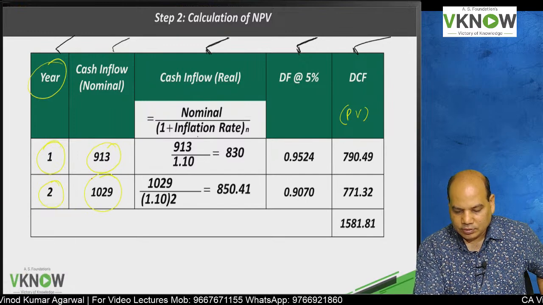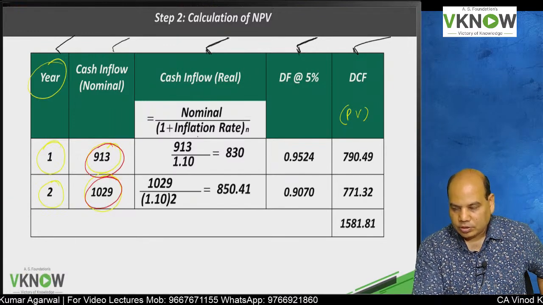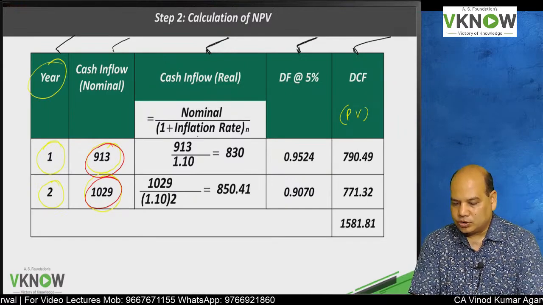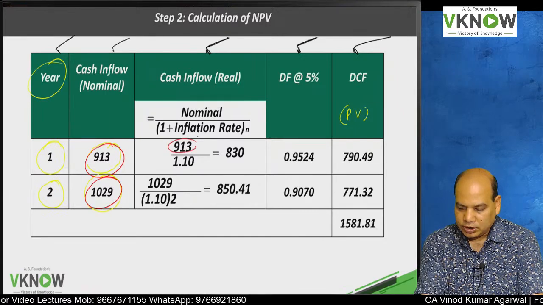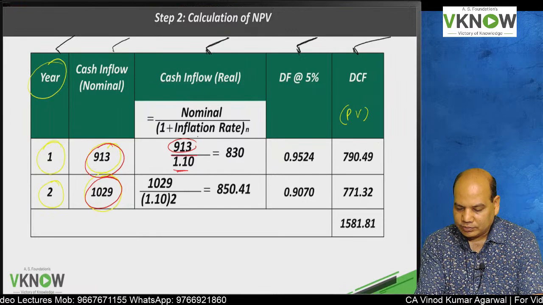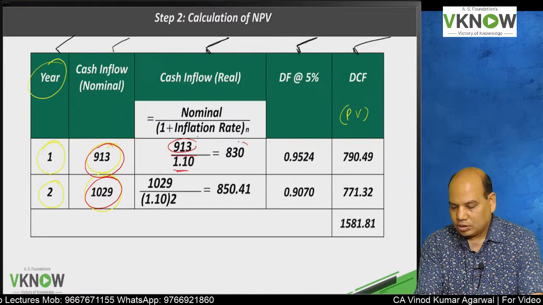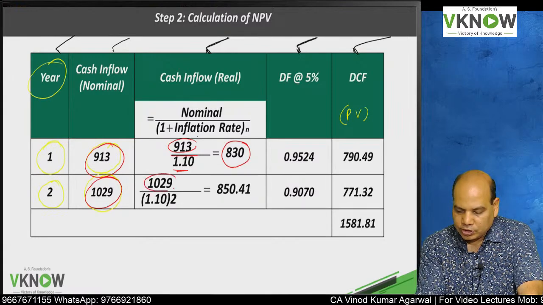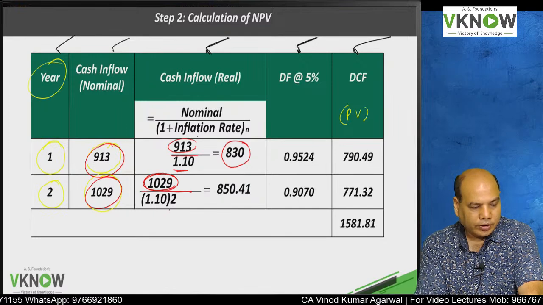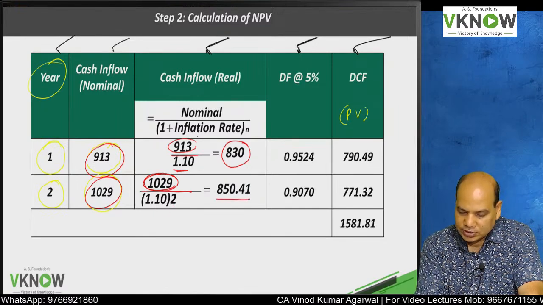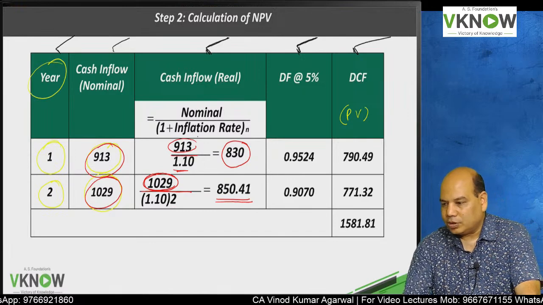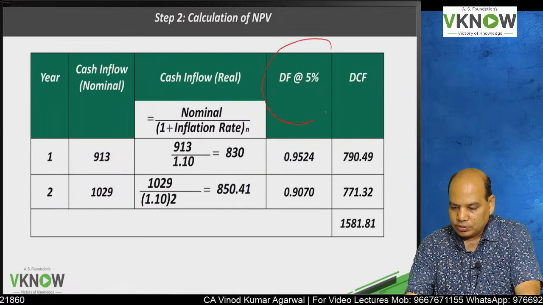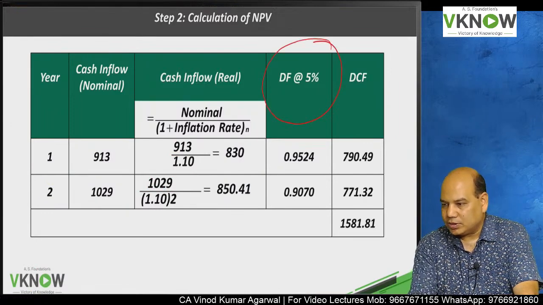This you will find in earlier calculation, 913 and 1029. 913 divided by 1.10, real cash flow 830. Year 2, 1029 divided by 1.10 square. Please check the calculation. 850.41.